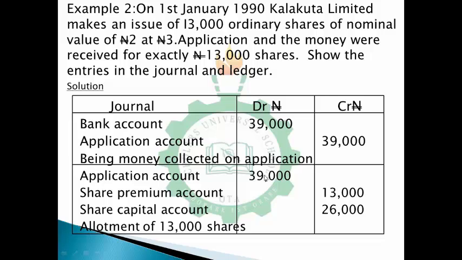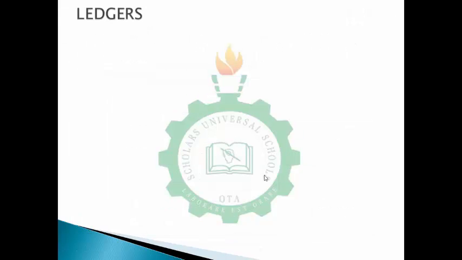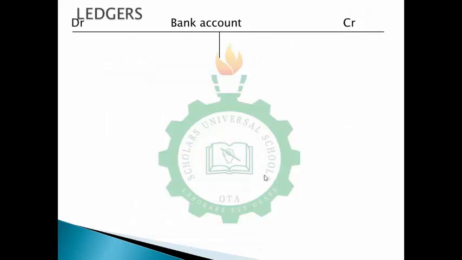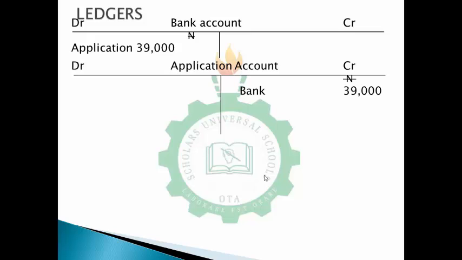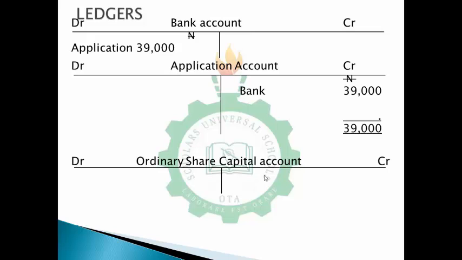Okay, so if you understand this so well, we could go ahead to prepare the ledger entries. For the ledger entries, the first thing you are doing is you debit your bank account with 39,000 Naira. Then opening application account, the corresponding credit entry is going to application account, credit entry, bank 39,000 Naira. For the next one, you are opening ordinary share capital account. You credit ordinary share capital account with 26,000 Naira, 2 times 13,000, right?